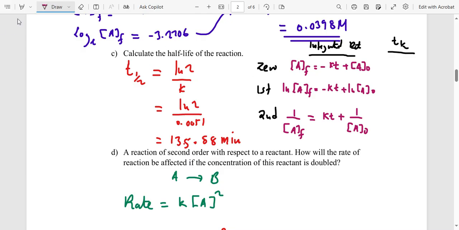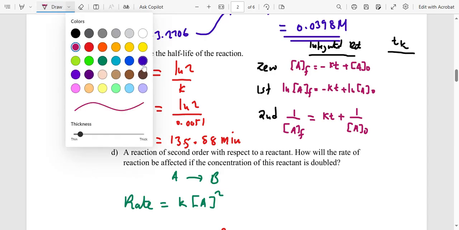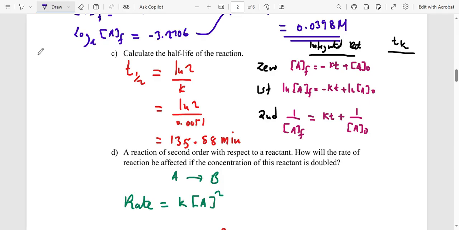So when we go to the half-life, starting with the zero order reaction, the half-life is given by T half is equal to the initial concentration divided by 2K.